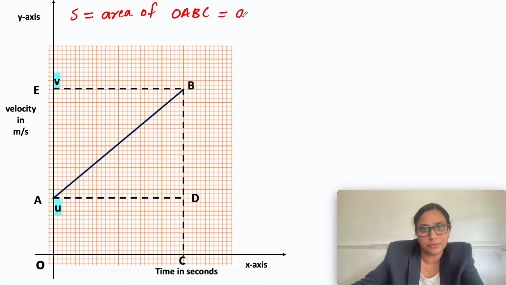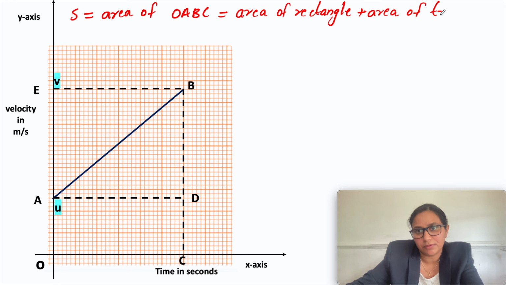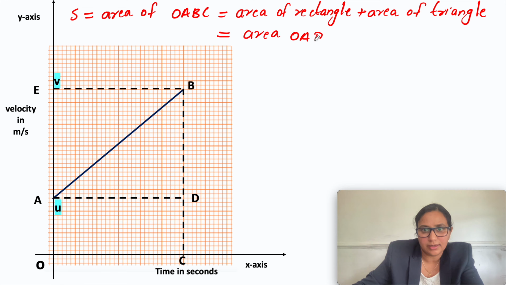So, s is equal to area of rectangle plus area of triangle, which is equal to area OADC plus area ABD.